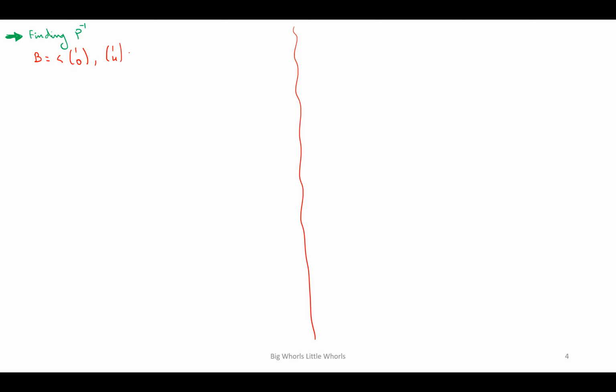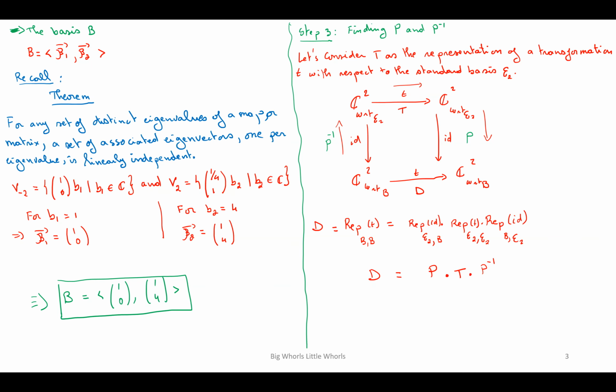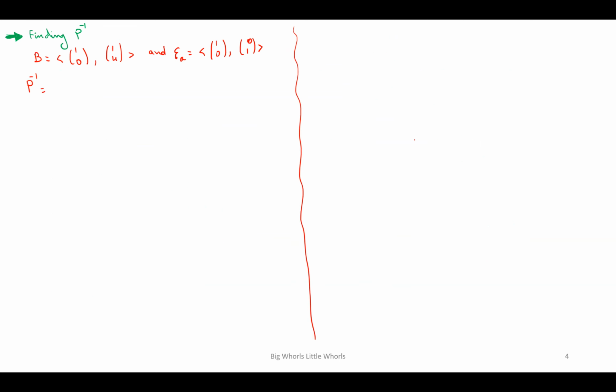And our standard basis E2 is equal to 1, 0 and 0, 1. To find P inverse, which is the representation with respect to B and E2 of the identity map.